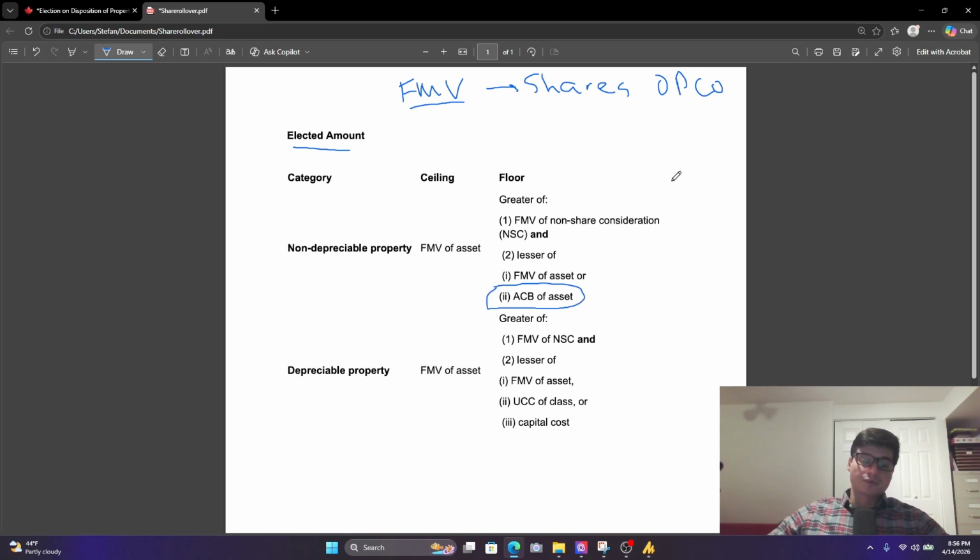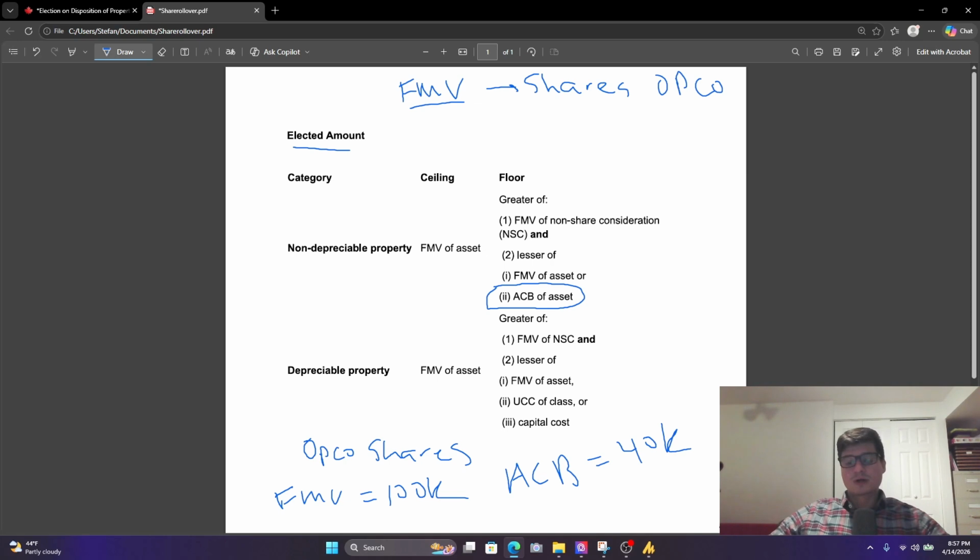The best way to show this is if our Opco shares are worth 100,000 and the ACB of these shares is 40,000. We have to consider what our elected amount will be. Your ceiling would be this 100,000, but our floor will be the greater of these things. So we see here your ACB. We know that the ACB is 40,000.